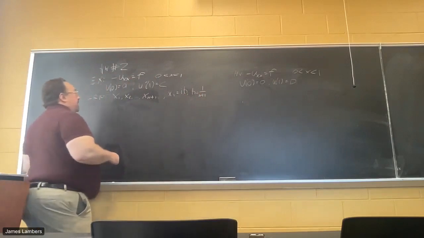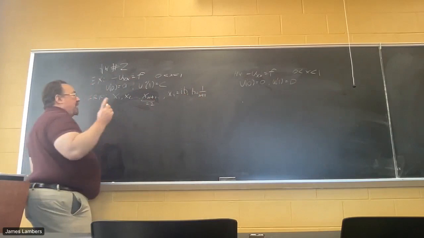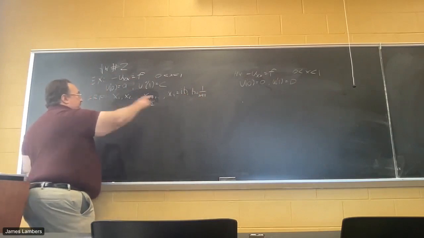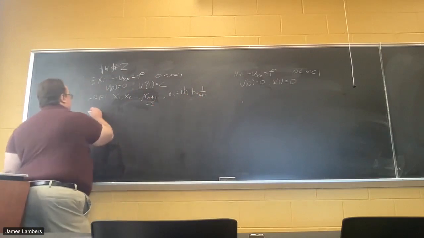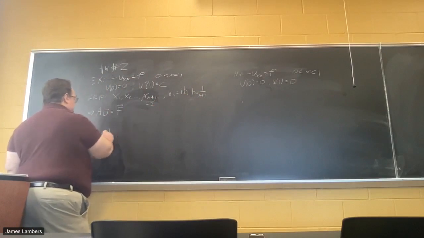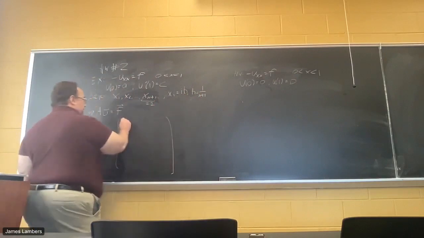And this is therefore equal to 1. 0 is not included because the solution is known at 0. We're solving for a solution at these points, and you end up with a system Au = F. And this is the centered difference stencil.